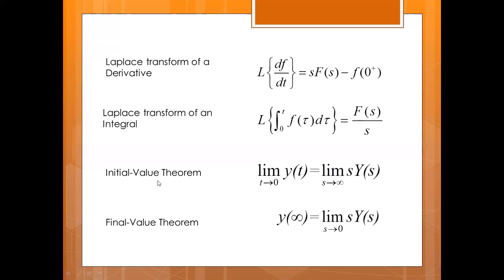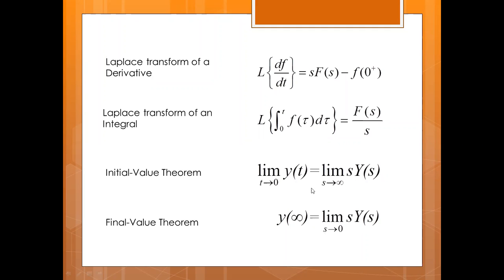The initial value theorem and the final value theorem are very, very useful in your case. Whenever you are asked to find the initial value of the function, like f of 0 or y of 0, and the final value of the function, either y of infinity or f of infinity, this is very beneficial because there is no need for you to invert your given Y of s.